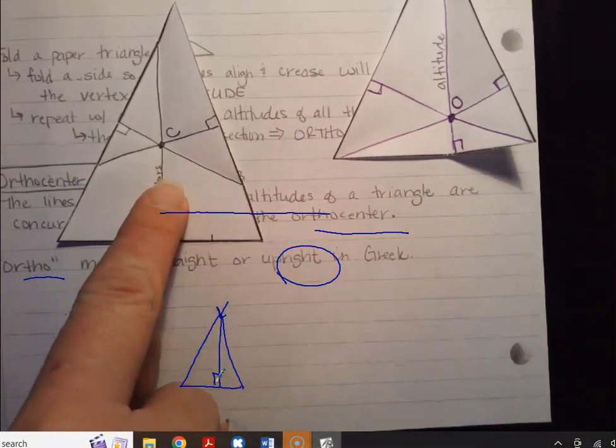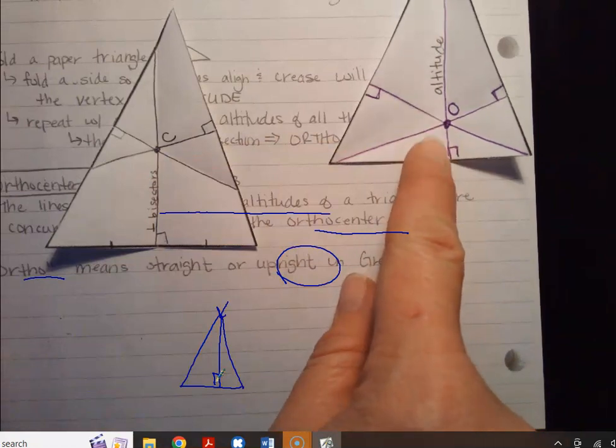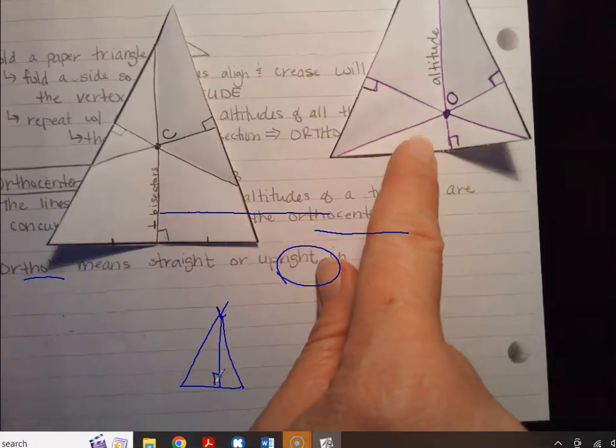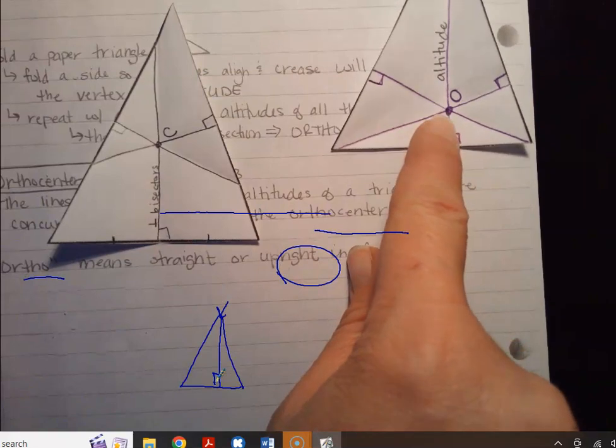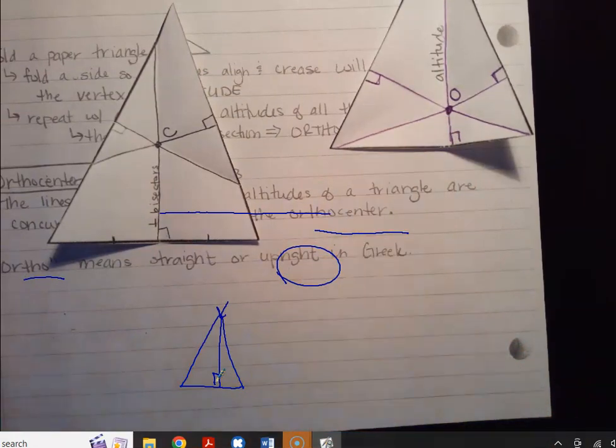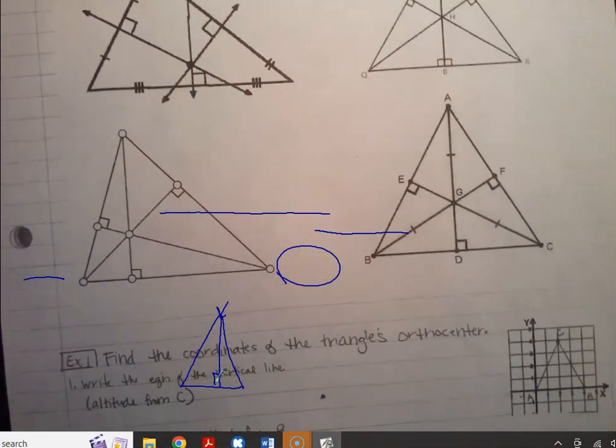The circumcenter and the orthocenter. Do you think we can make a circle with an orthocenter that's going to touch all the corners, or all the vertices? No, we're not. Okay, the orthocenter is not equally distant. It is not. Okay, so flip over to your next set of notes.